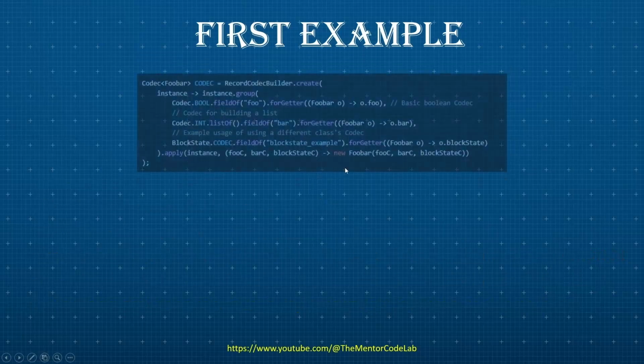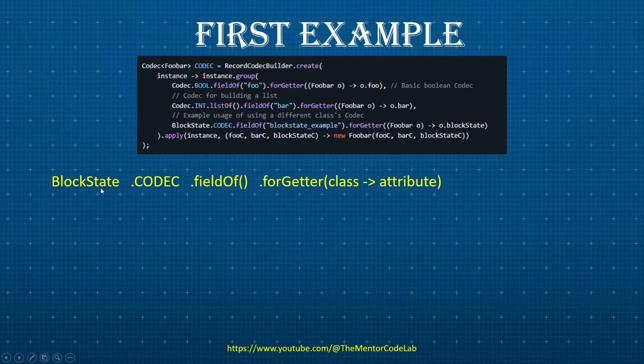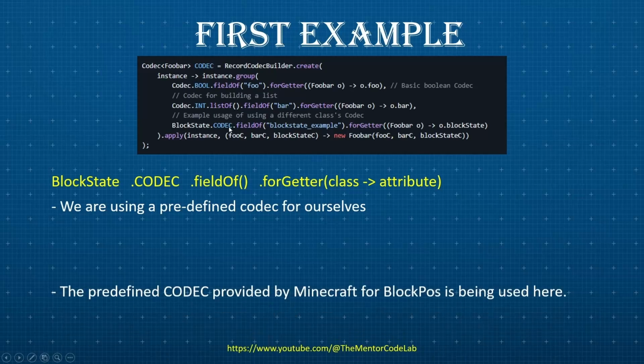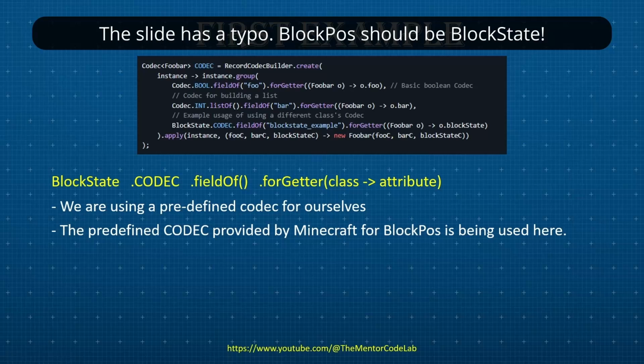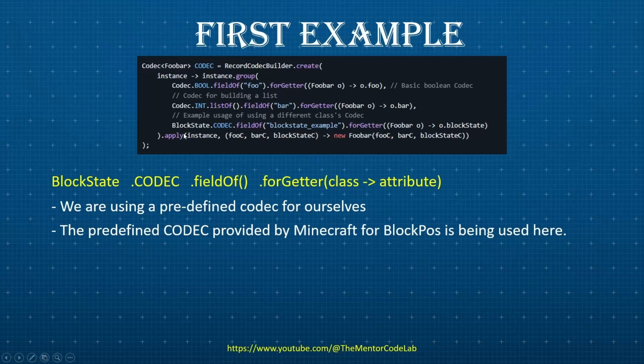Now, let's take a look at this last line. BlockState.CODEC field of for getter. Here we are using a predefined codec. Basically, BlockState.CODEC is a predefined codec provided by Minecraft itself. Mojang had this codec that is mapping block states, so we are just using that.